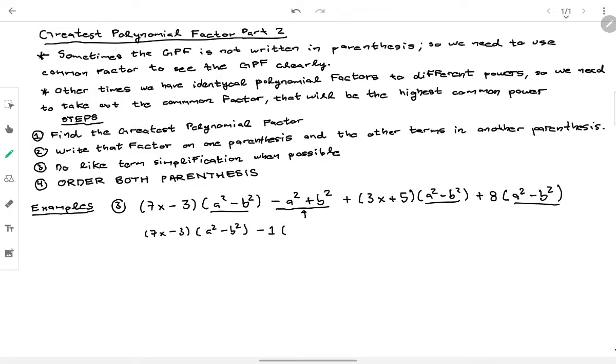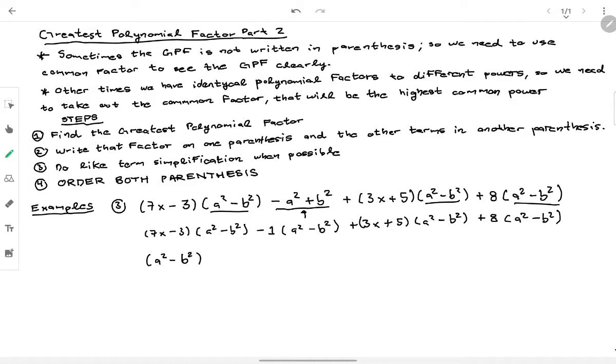I will take out a minus 1 to become a squared minus b squared. Then we can see that we are going to have the greatest polynomial factor, that is going to be the same on every term. So it's going to be putting out the polynomial factor on the first parenthesis.